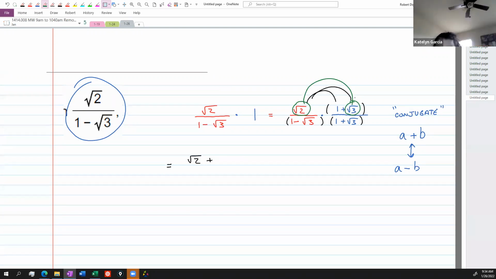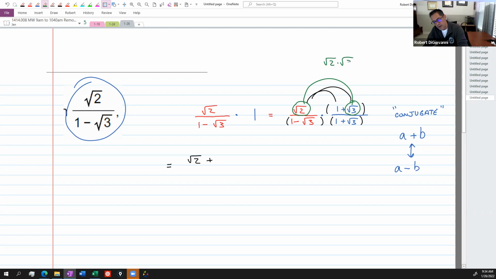Okay, so when we multiply 2 roots together, Caitlin, I'm trying to do root 2 times root 3, right? Because this is multiplication, I can put both the 2 and the 3 together under a single root and multiply the 2 together. Oh, okay. So that just becomes plus root 6.